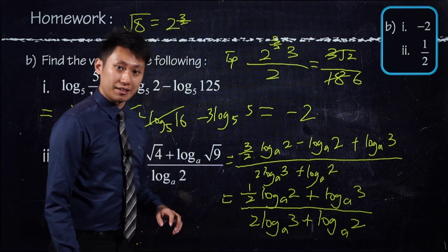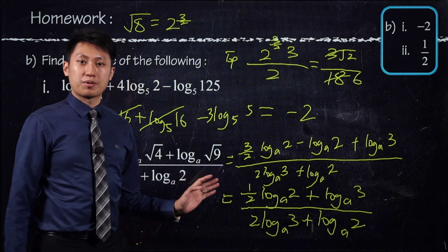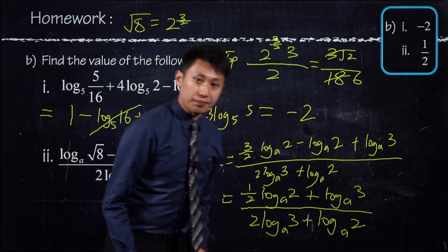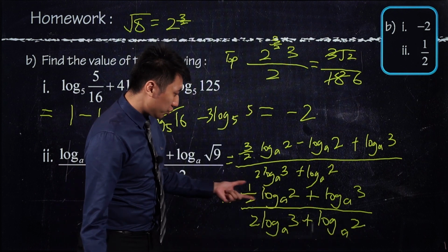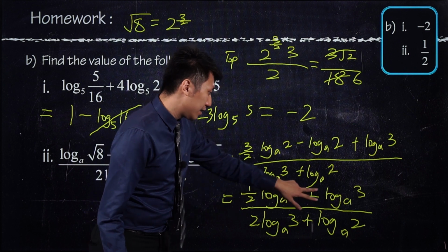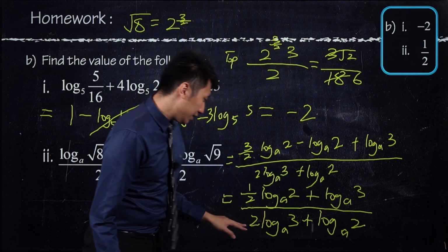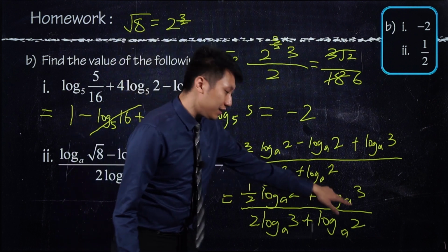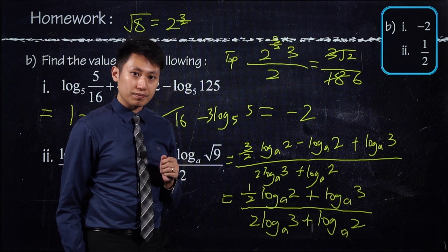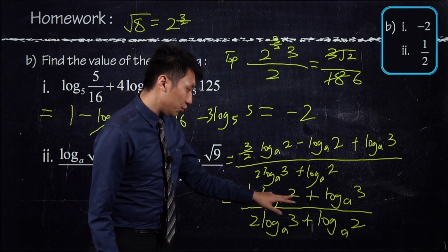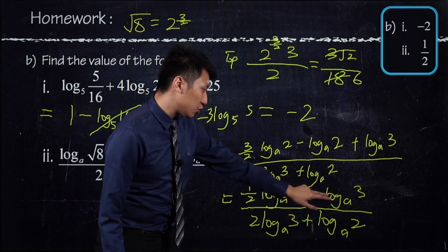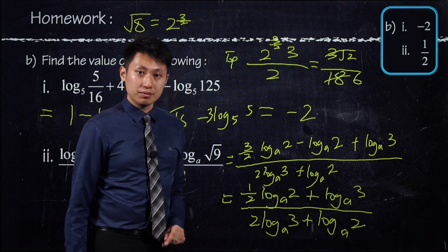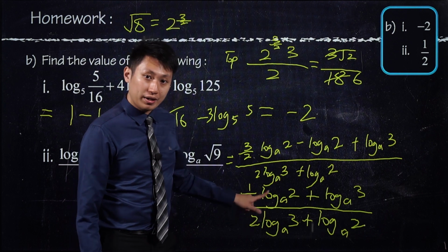Okay, do you see that they can be cancelled off? It's a little bit hard here, so it takes some practice to see this. Do you see that this is log a 2, this is log a 2? What's the ratio? 1 over 2 and 1. Then this is log a 3, this is 2 log a 3. So imagine the top part here, you multiply by 2, then you get log a 2, which is this one. You multiply by 2, then you get 2 log a 3. So top and bottom, the ratio is 1 to 2.